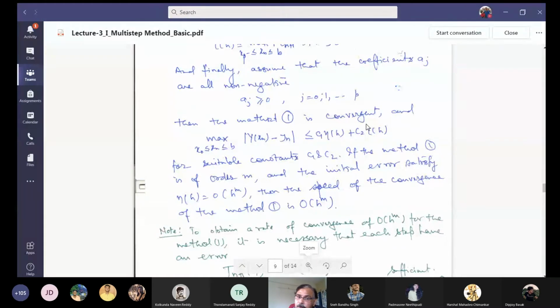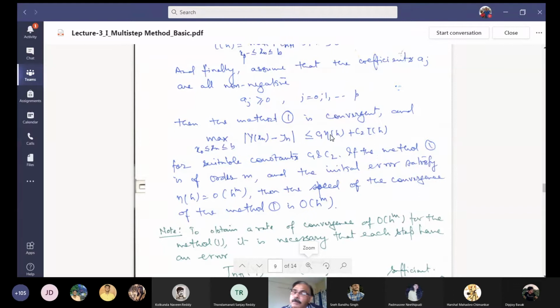While what is the meaning of tau h equal to O(h to the power m)? Means its order is m. So if we want order m final error, then we should have one less order for the initial values. This is what I have told in the beginning also, that it seems that we should at least take, suppose a second order multi-step method is there, then the initial values should be calculated at least by a second order method.